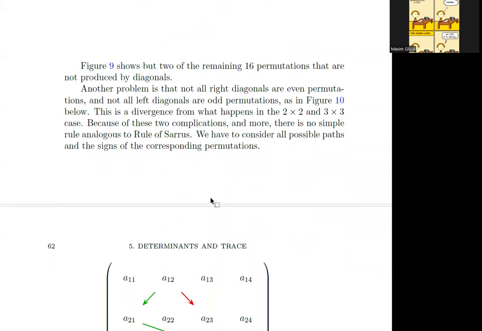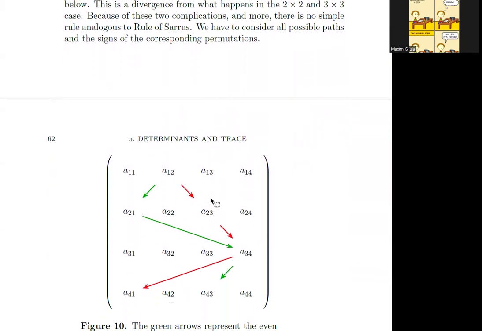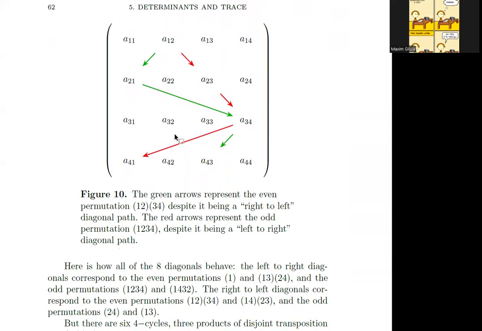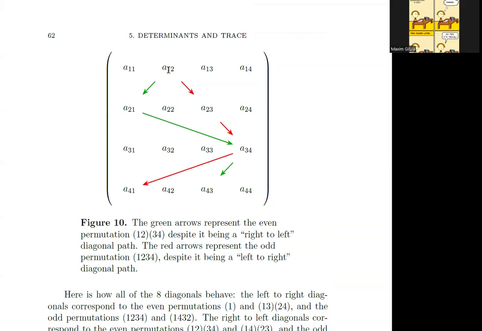Another problem is that now the right to left diagonals aren't always positive, and the left to right diagonals aren't always negative. So this left to right diagonal is actually positive, and this right to left diagonal is positive, and this left to right diagonal is negative. So the green arrows represent the permutation (1 2)(3 4). 1 and 2 were swapped, and 3 and 4 were swapped.